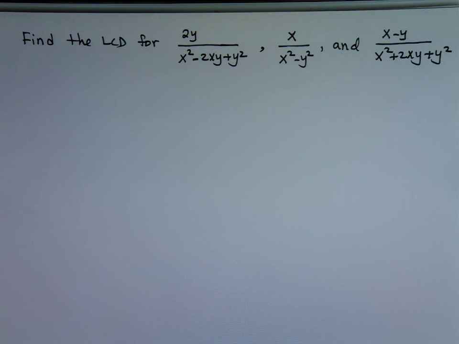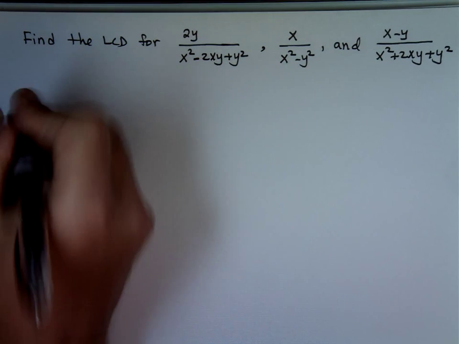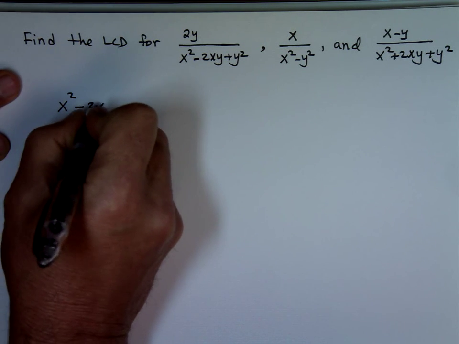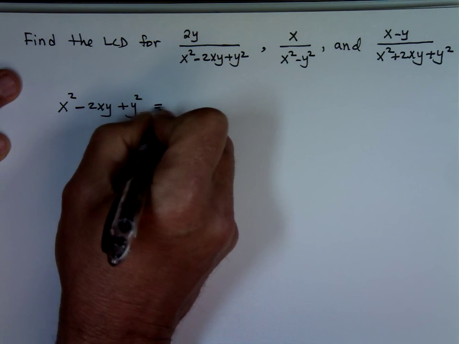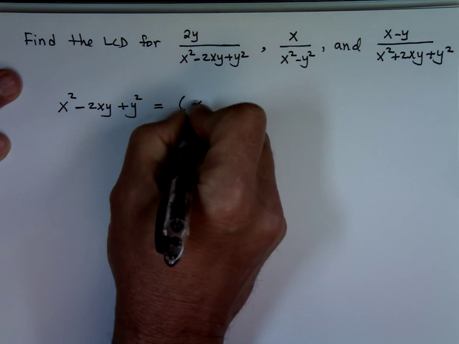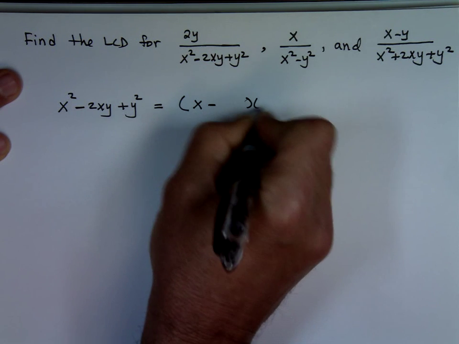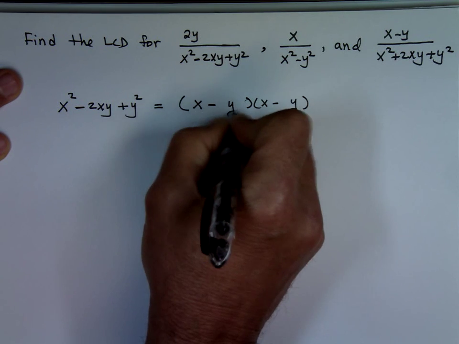That means I got to take each one of these denominators and factor them. That's x minus, well, this sign's plus, that tells me both signs the same. And the y squared is y and y. And that will give me definitely the minus 2xy.